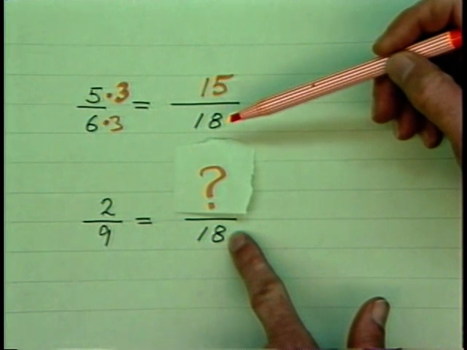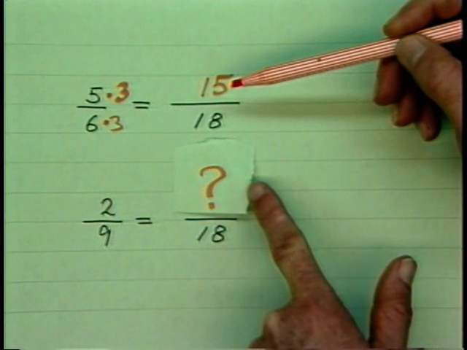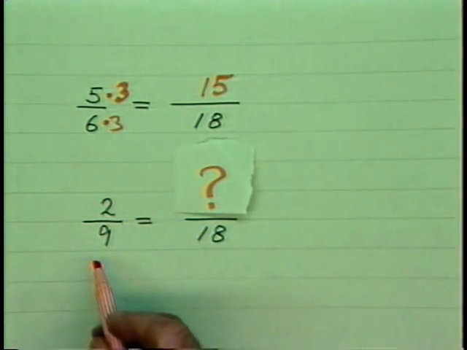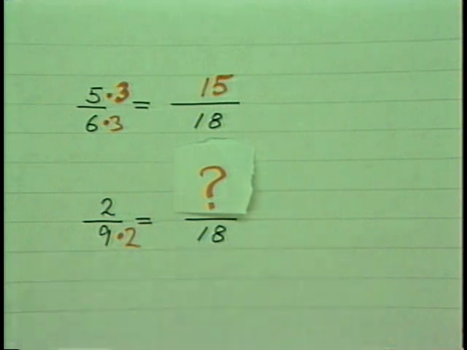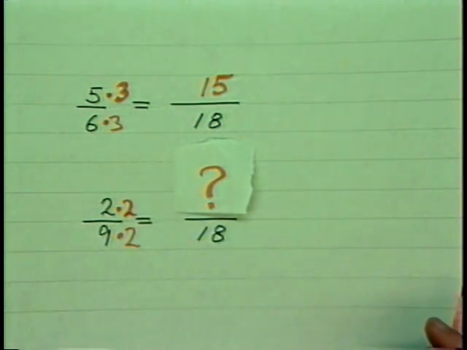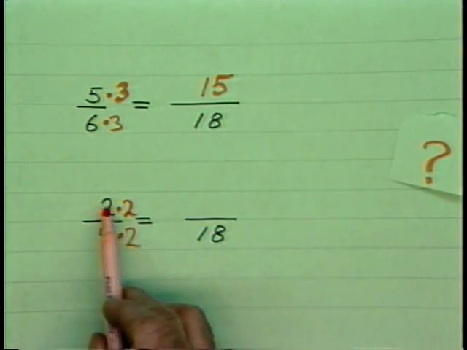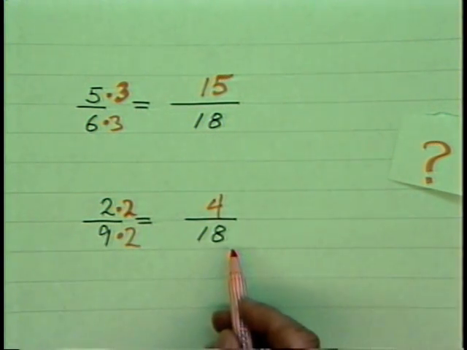And of course, since they are different fractions, their numerators will have to be quite different. So we simply ask, 9 goes into 18 how many times? That's 2. But the fraction building law says, fine, multiply the top by 2 as well. And of course, this product would give me 4 over 18.